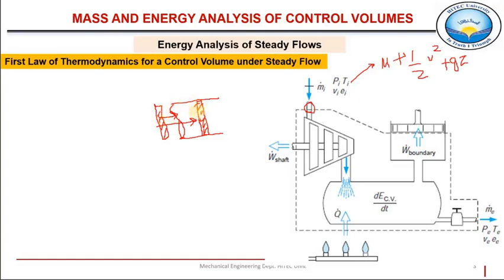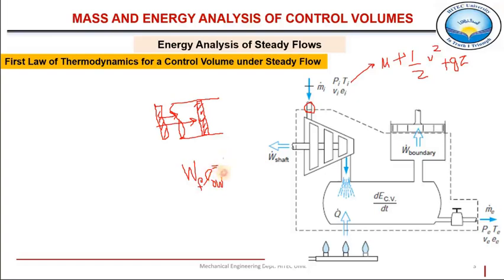Because of this pushing force, which acts on this fluid volume from the fluid particle coming behind it, there is work produced, because there is a force into displacement due to this push, and that is known as flow work. There is a flow work onto this fluid element, due to which it enters into this control volume.